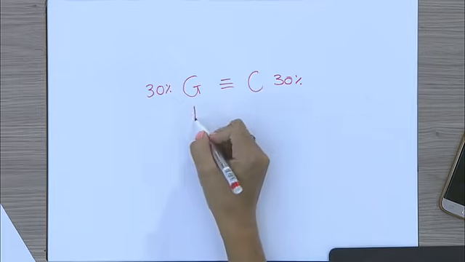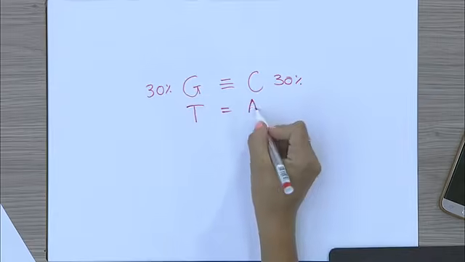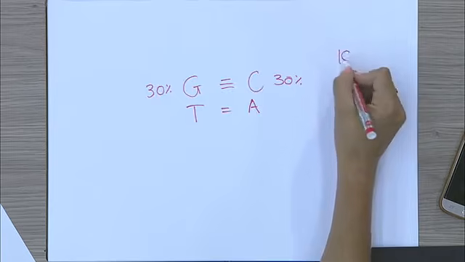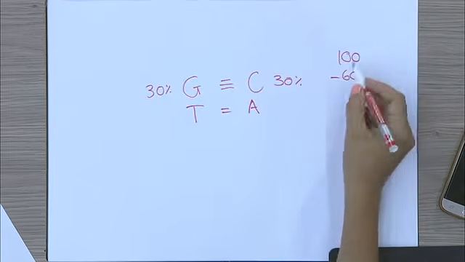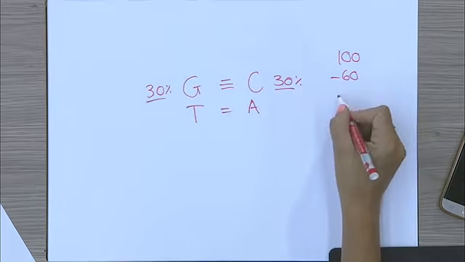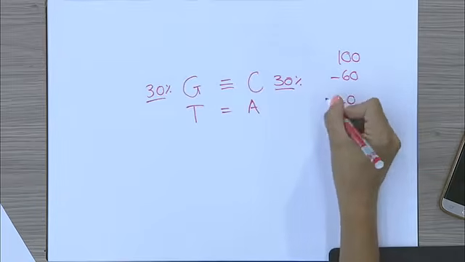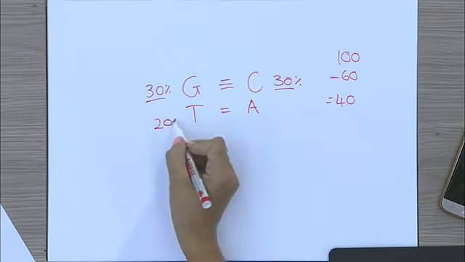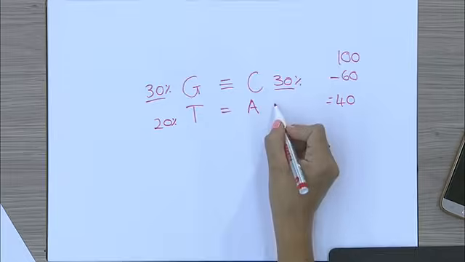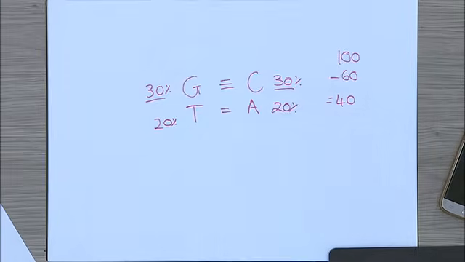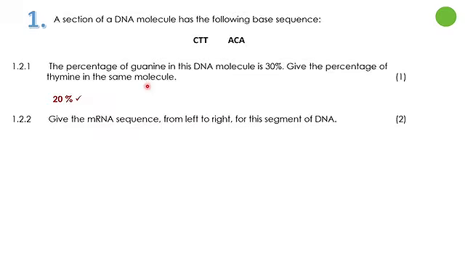Then we also have T binding to A. So now that's just the leftover amount. If we are working out of 100%, we deduct that 60 from the 100%. That leaves 40 left over. So we have to split that between the remaining amounts, which will be 20% of it being T's and 20% of it being A's.